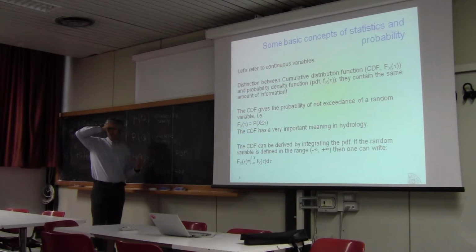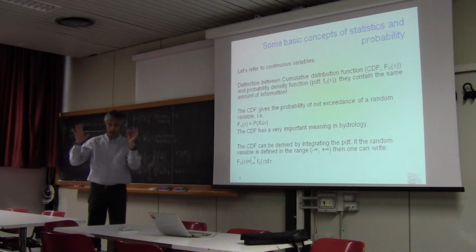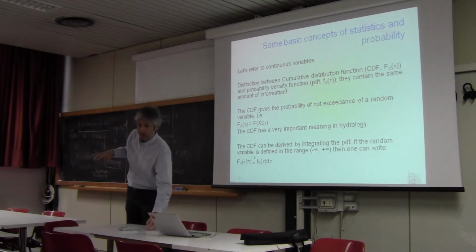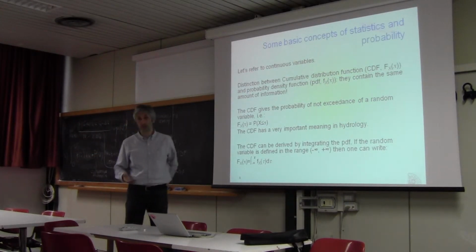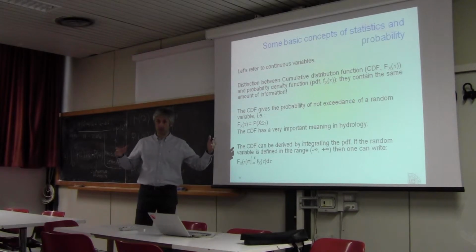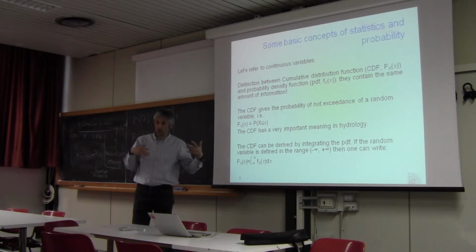But you understand that these functions, if they are general, if they are given by the literature, it means that they can be applied to different processes, different rivers, for instance. And therefore it means that these functions should have some parameters in order to give some flexibility.